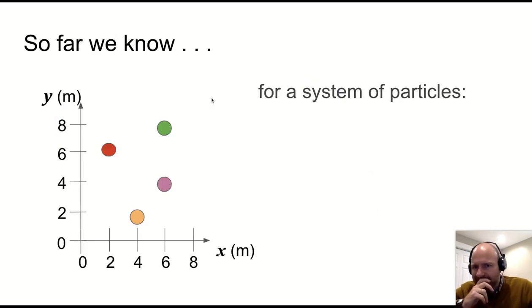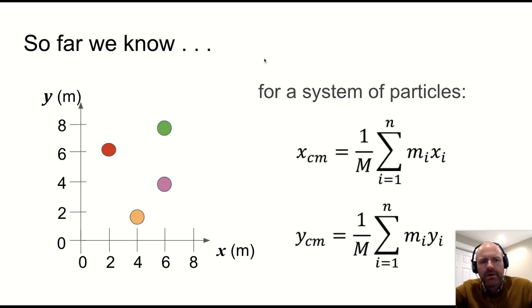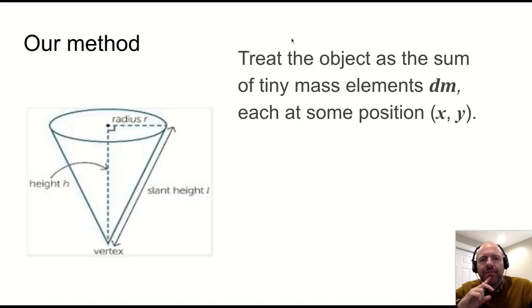We already know that for a system of particles, you can add up the individual particles discretely. It also makes sense that if the object is continuous, you could add up tiny little bits of mass, dm.